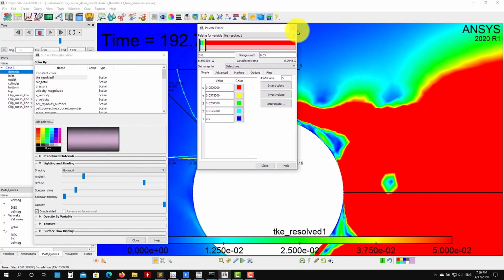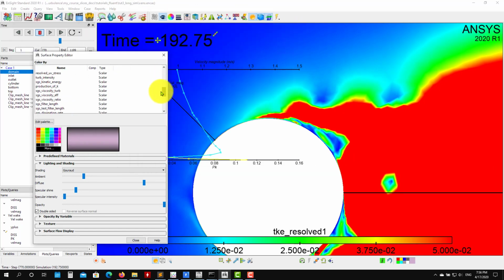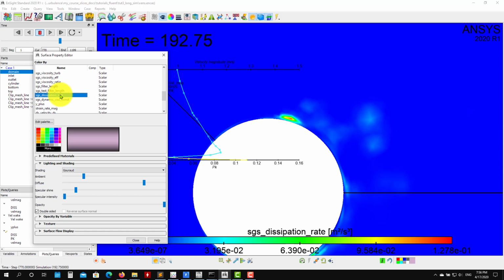Again, we also have dissipation. In this case, dissipation is modeled. So we should compare, we have the dissipation rate.